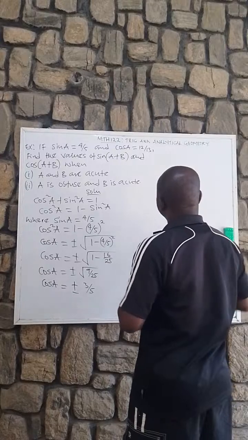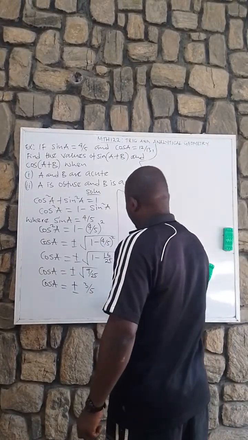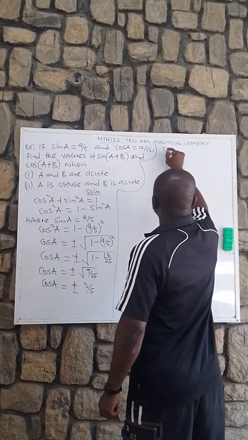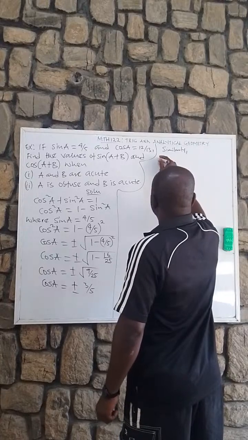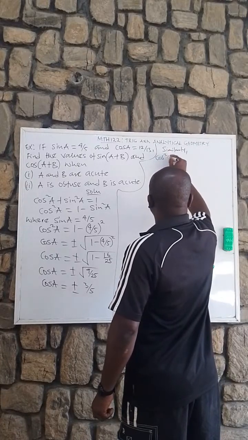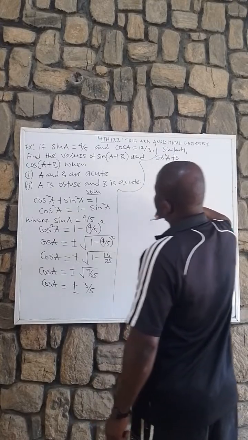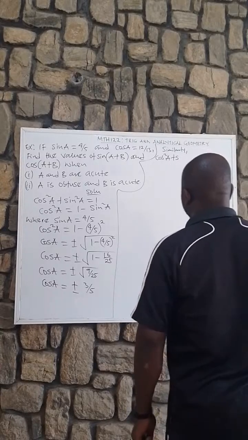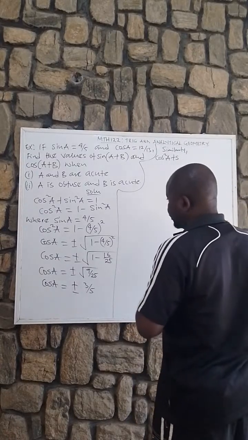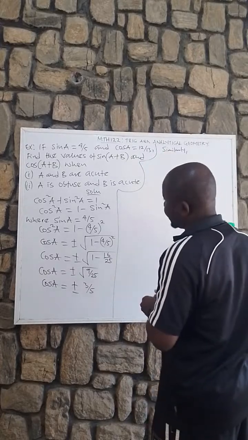Is that clear? So here we now say similarly our cos square B, not A, right? We have to consider B. We have considered A.